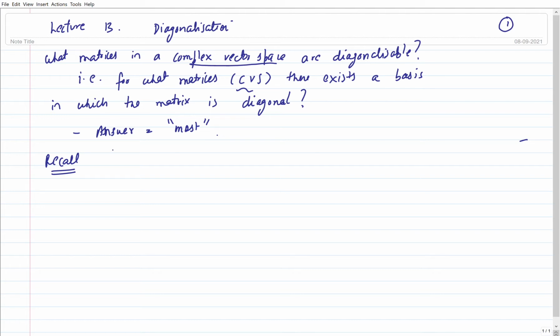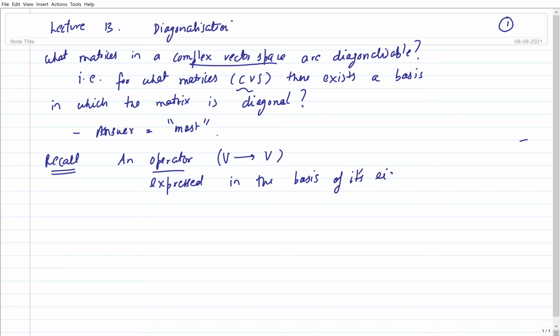So first, recall that an operator, or a linear transformation operator, is when it's going from the same vector space, from V to V. An operator expressed in the basis of its eigenvectors is diagonal.